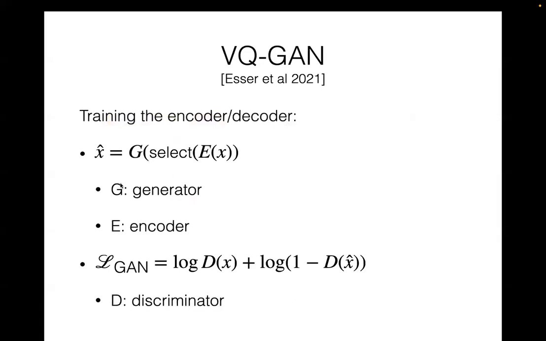So here again, you're going to have the generator and the discriminator. The generator is going to produce some data given the latent representation. The discriminator is going to say, given some input, is the input real or fake?